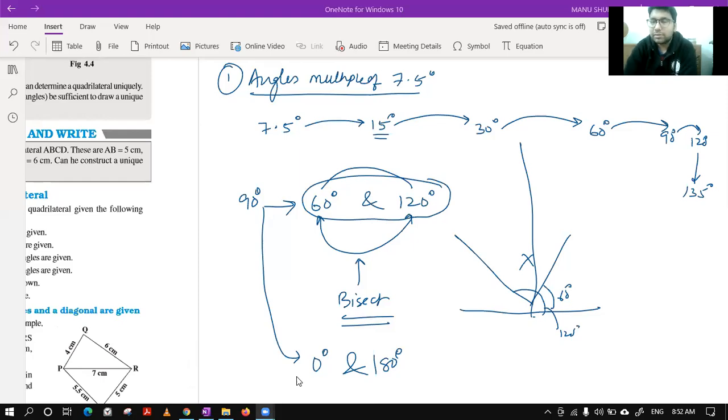Class, what is the sum of 60 and 120? 180. And if you do 180 upon 2, that will be how much? 90.